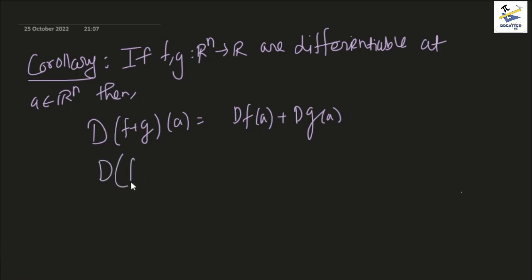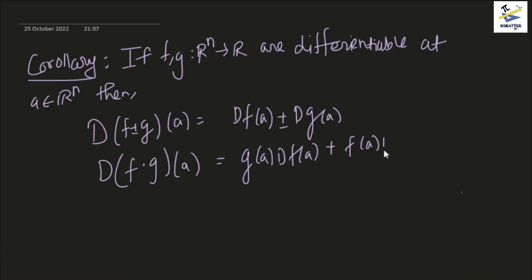So in case of summation, it's pretty simple. We can do it plus or minus as well. In case of multiplication of two functions, if you are going to multiply f into g, we can write this as g of a into df of a plus f of a into dg of a. So this is how it works.